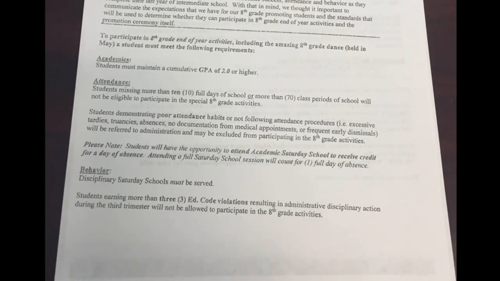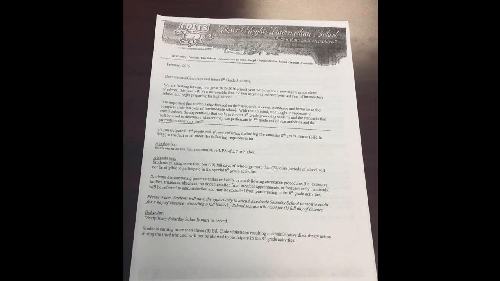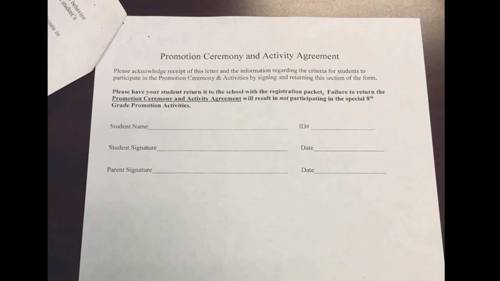So by signing this, you're telling us that you agree to these requirements, and that if for some reason you don't meet these requirements, then we can keep you from participating in the end of year activities like the 8th grade dance and even the 8th grade promotion ceremony. So this is a very, very important document. Make sure you read it, and then when you finish reading it, sign it.